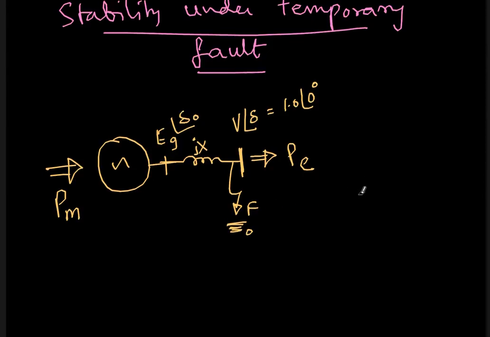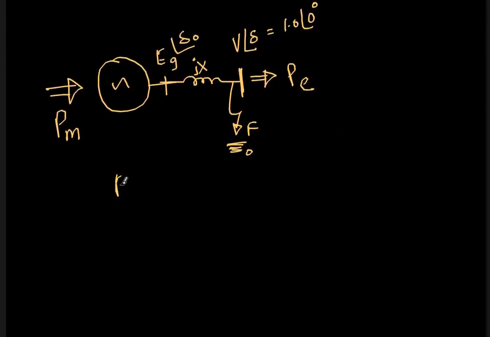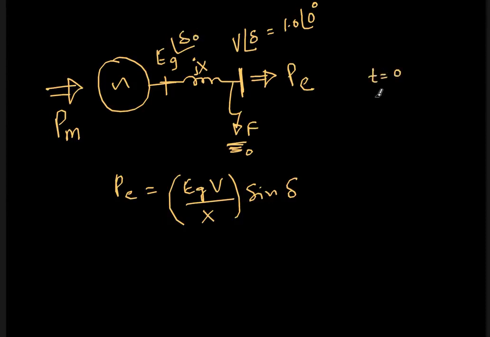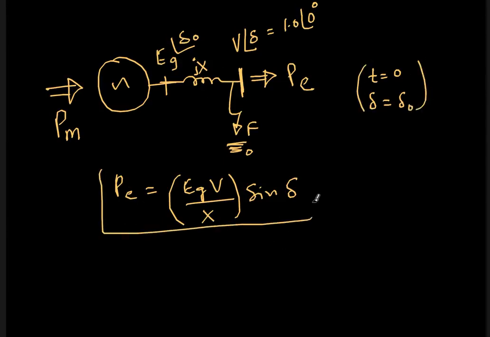Now we also know that the expression for PE is Eg into V by X sine of delta. The delta of the machine is delta naught at t equal to 0, as shown in this figure. But in general, this is the electrical power, and this quantity we are denoting as P max sine delta.